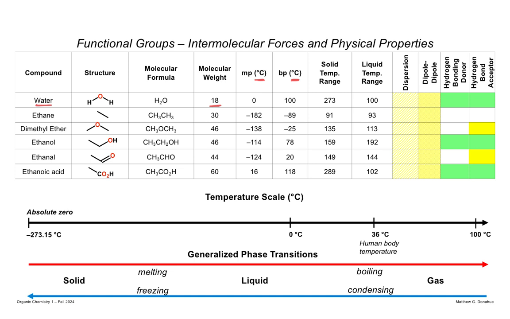So water, if we're looking at these temperature scales, zero degrees is when liquid water freezes. And if you add heat, ice will melt. 100 degrees is when liquid water will boil.